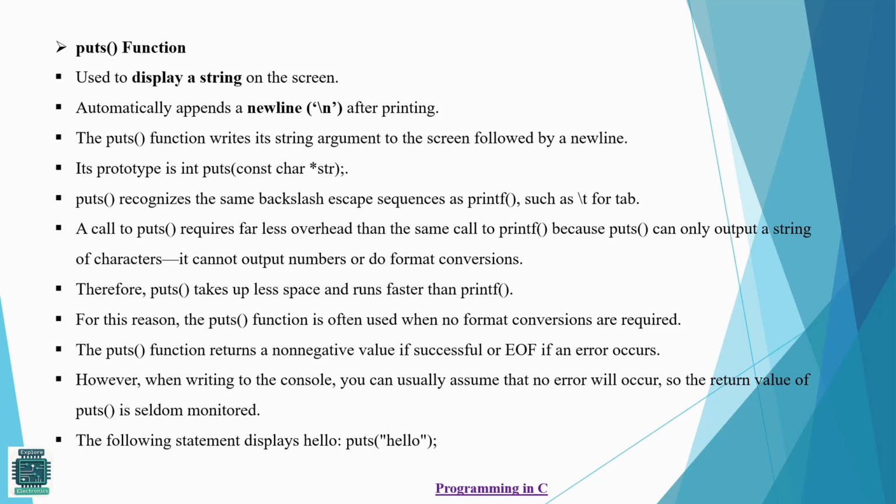Now we have understood the gets function. Now we're going to study the puts function. It is used to display a string on the screen. Slash n means it automatically goes to the next line after printing; it writes its string argument to the screen followed by a new line.